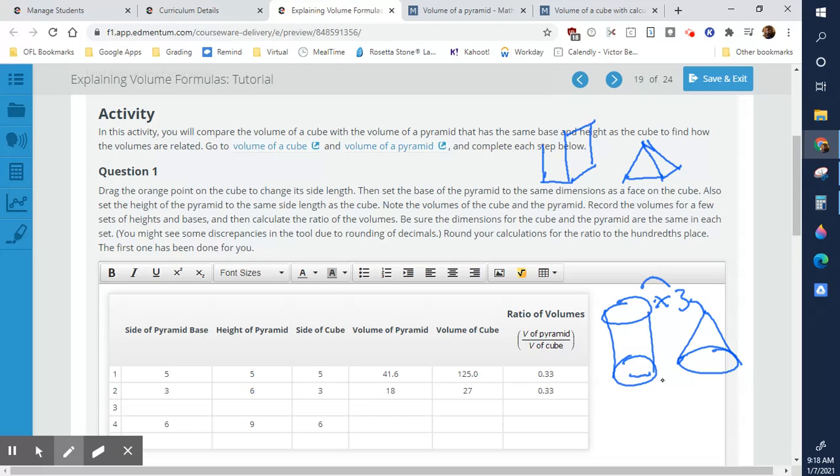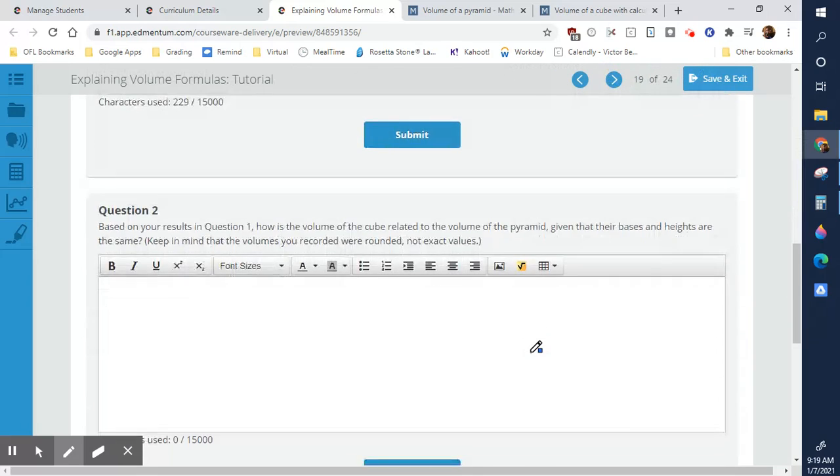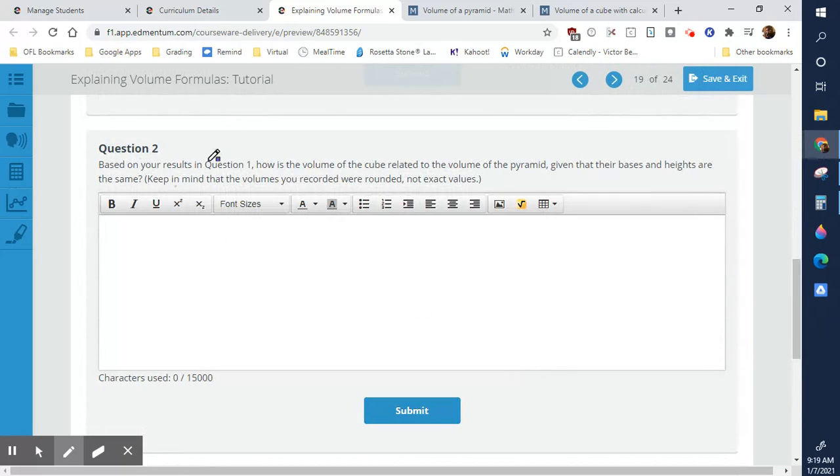So what do you see here? We're going to say that a pyramid is always a third of a cube, assuming the side length and height are the same.